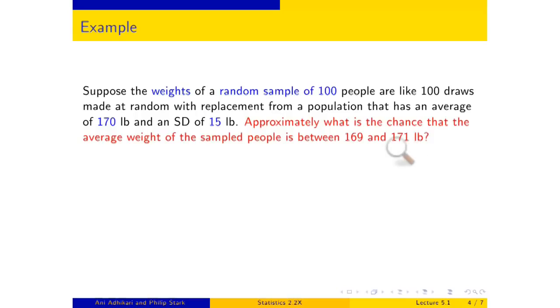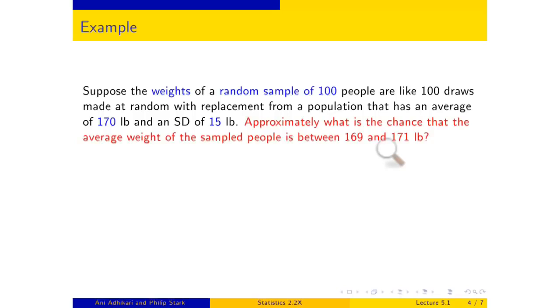What have I just asked you? Well, the population average is 170, and I'm asking you, what's the chance that the sample average is at most 1 pound away from that? 1 pound is not a lot of pounds. So let's see what this chance is.